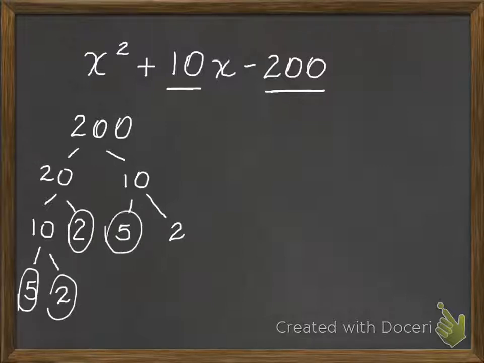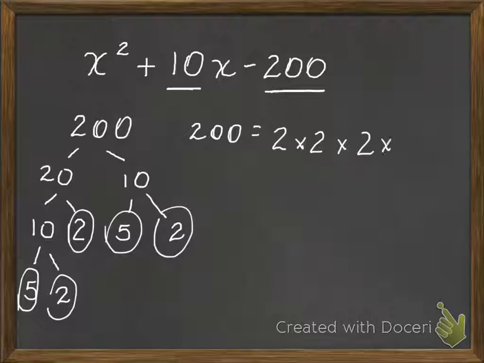These numbers multiply to give us 200. So I'm going to write them in order here. 200 is equal to 2 times 2 times 2 times 5 times 5.